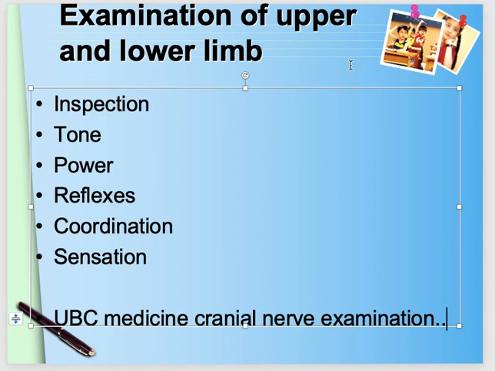And if you want to divide it another way, you can go for a motor examination, a sensory examination, a reflexes examination, and a coordination examination, right? But usually it is the upper limb and the lower limb we test rather than going the other way.